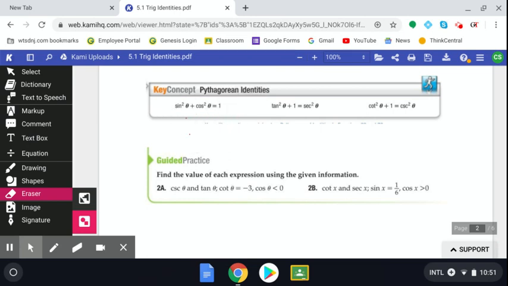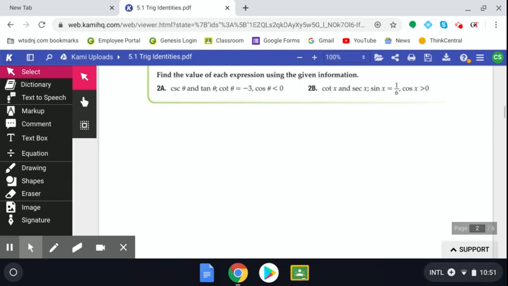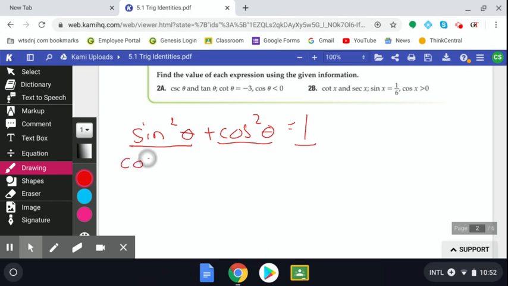Like I said before, the only one that I really memorized was sine squared theta plus cosine squared theta equals 1. Then to figure out the other two, I would divide everything by cosine squared theta. You can do cosine or sine, it doesn't matter.